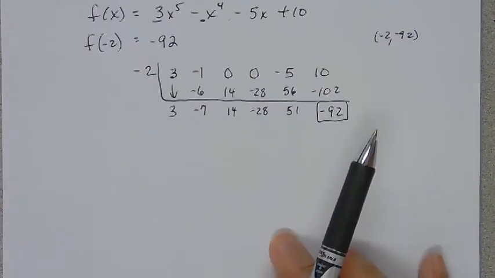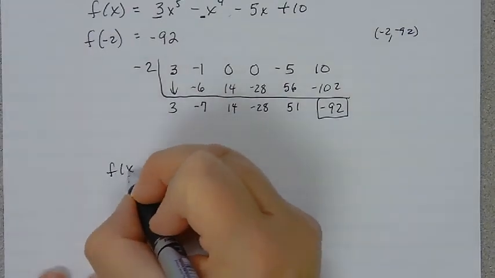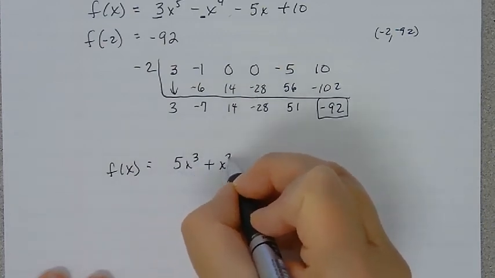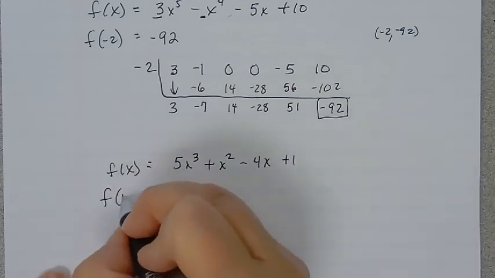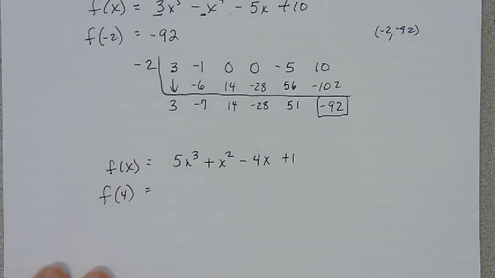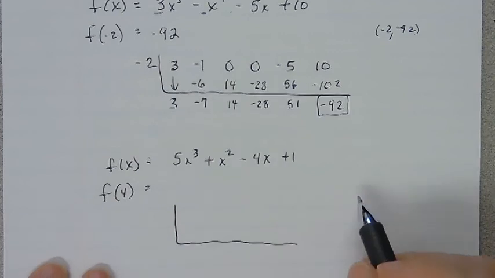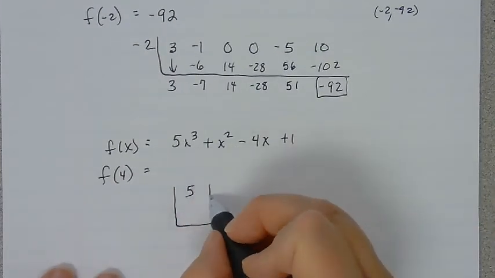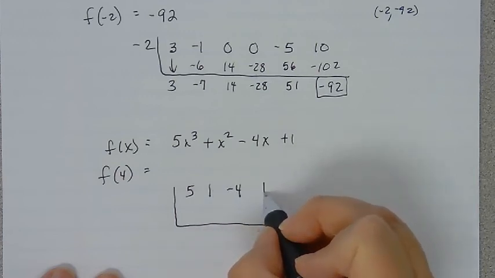Let's do one more synthetic substitution problem. Let's do f of x equals 5x cubed plus x squared minus 4x plus 1, and let's find f of 4. So I want to know what I get if I put 4 in for x. So I'm going to do synthetic substitution. So I'm going to have 5, 1 for x squared, negative 4 for x to the 1st power, and 1 for the constant term.